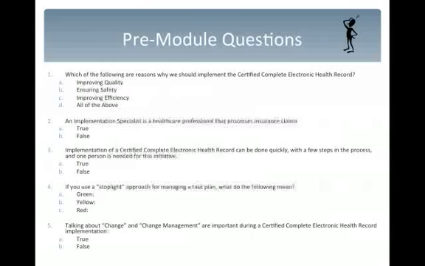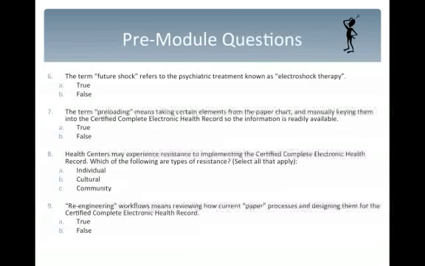Green, yellow, and red. Question 5. Talking about change and change management are important during a certified complete electronic health record implementation. True or false? Question 6. The term future shock refers to the psychiatric treatment known as electroshock therapy.